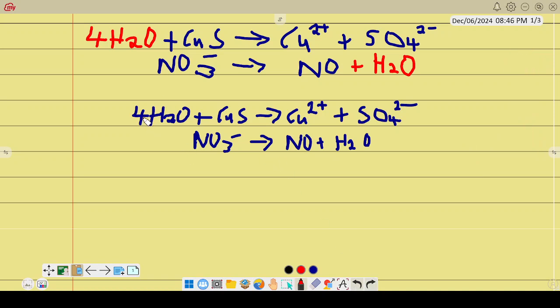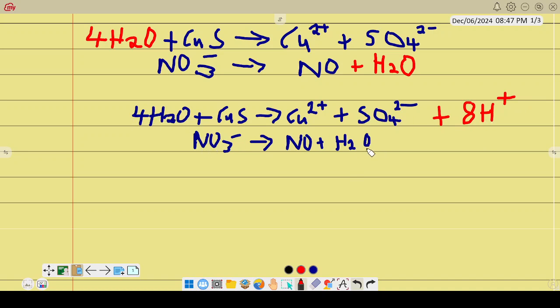We say here we have 8 hydrogen atoms, but here we don't have any. So we can put 8 hydrogen ions. Here we didn't have, here we now have. We have put 8, so that hydrogen on top is balanced.